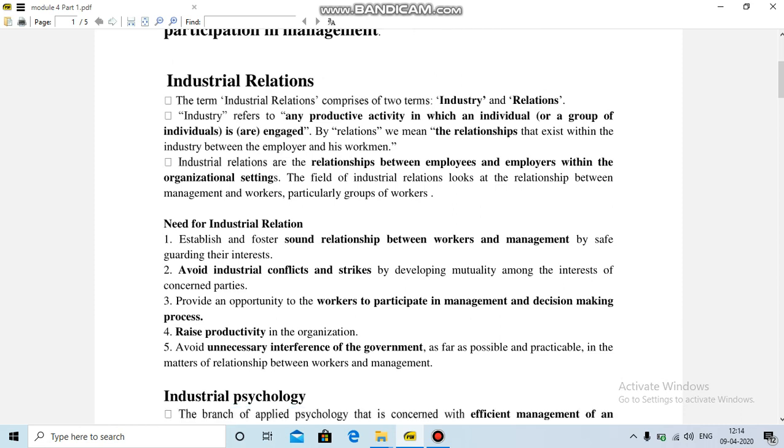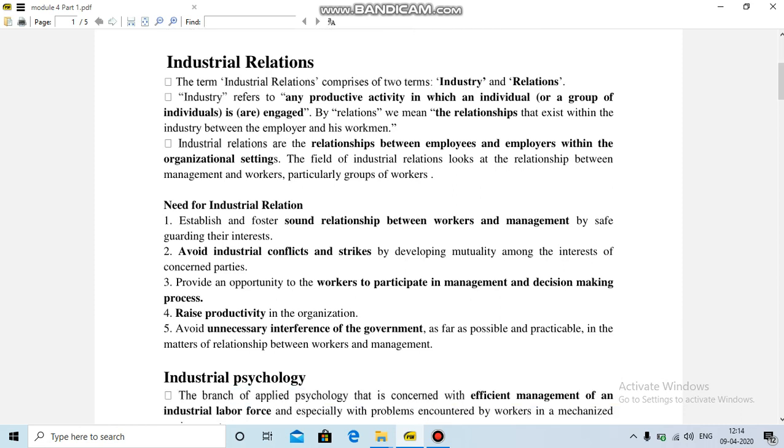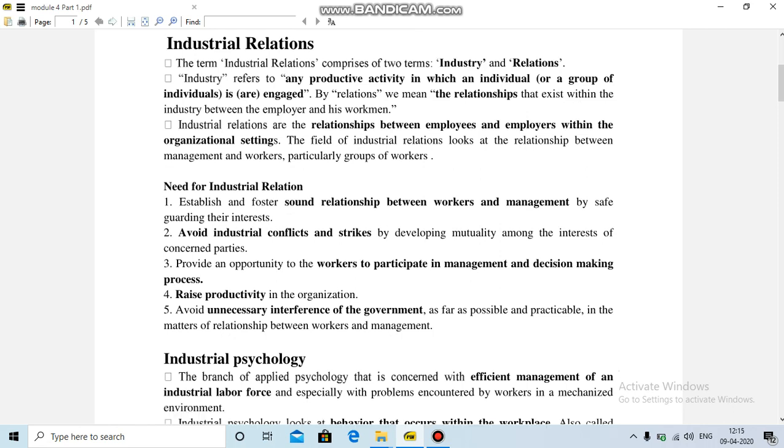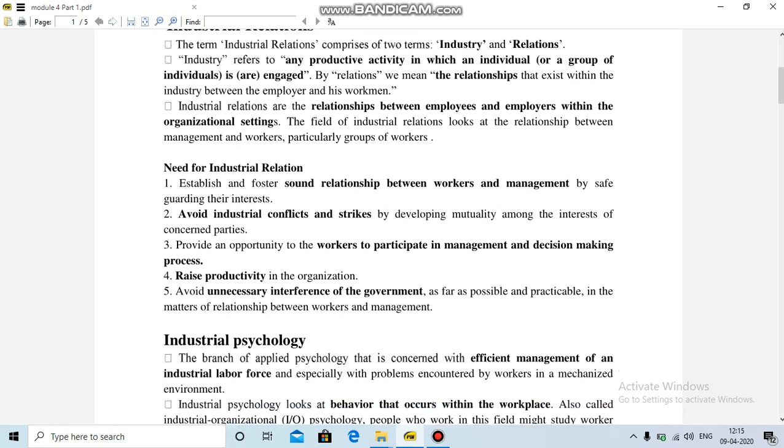So what is the need of industrial relations? Industrial relations can establish and foster sound relations between workers and management. For safeguarding the interest of the industry, we need a good relation between the workers and management. Only with good industrial relations can we avoid conflicts, strikes, etc. Industrial relations also provide workers' participation in decision making.